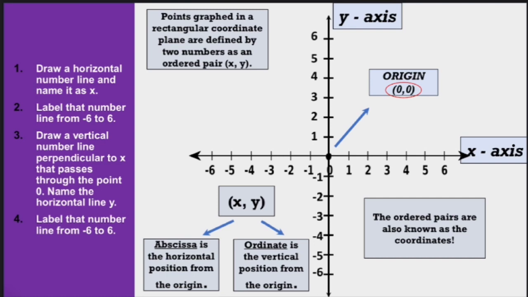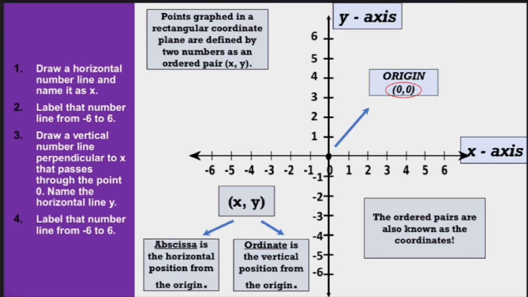Always remember, when it's a line, do not forget the arrowheads, because this extends infinitely in both directions. The reason why we just have -6 to 6 is so that we can minimize the space and make more examples. But again, since this is a line, the arrowhead extends in both directions, whether left or right, up or down.